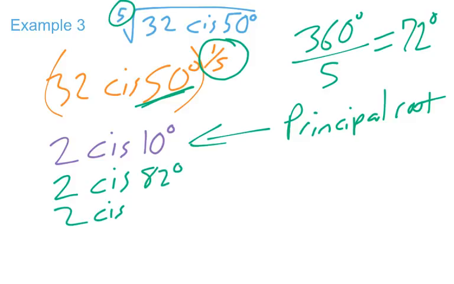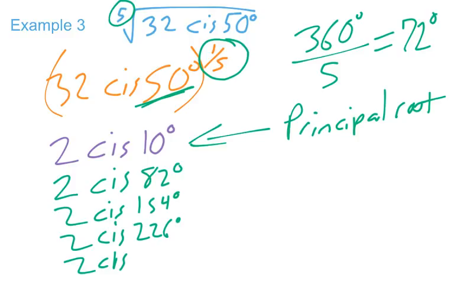Then we will get 2 cis, and once again, we're just adding 72 each time. So 154 degrees. And then 2 cis 226 degrees. And then our last one, 2 cis 298 degrees. You'll notice if you add 72 again, we'll go over 360, and therefore it won't be a valid answer.